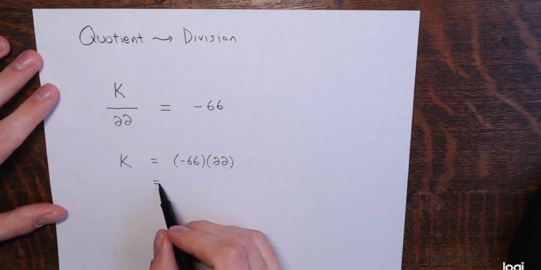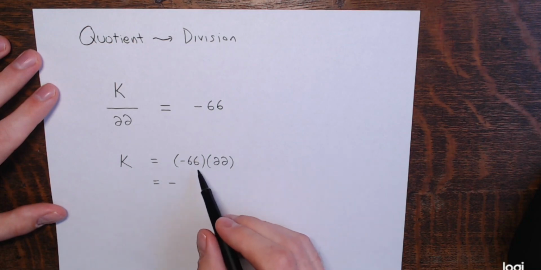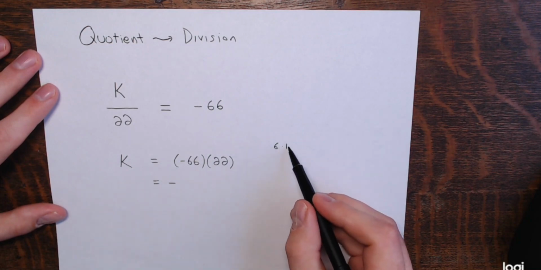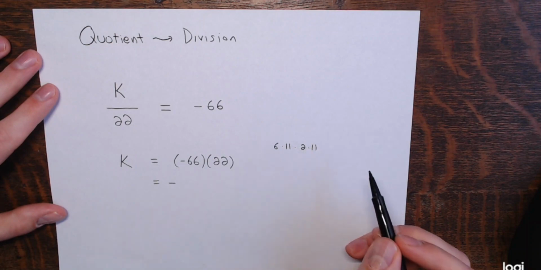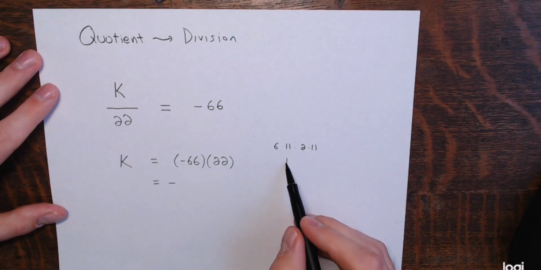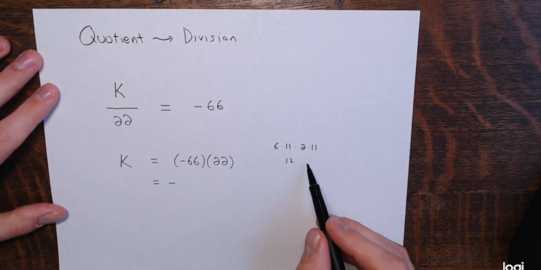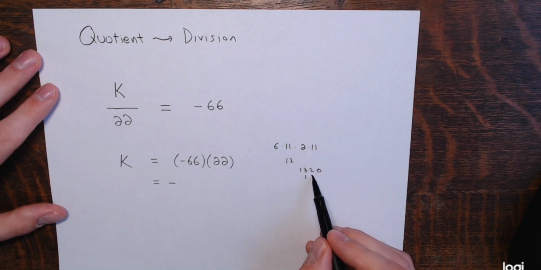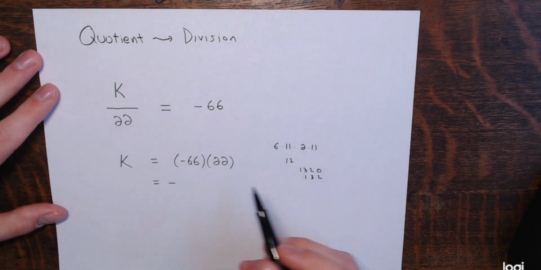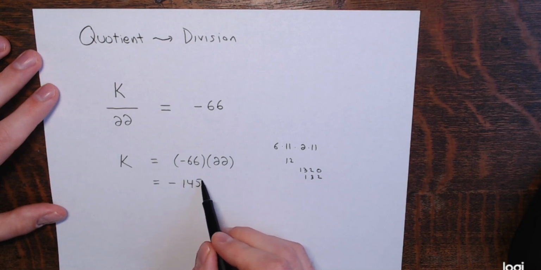This would be negative, right? Now 66 is 6 times 11. 22 is 2 times 11. 6 times 2 is 12. Times 11 would be 132. And then times 11 again would be 1452. So negative 1452.